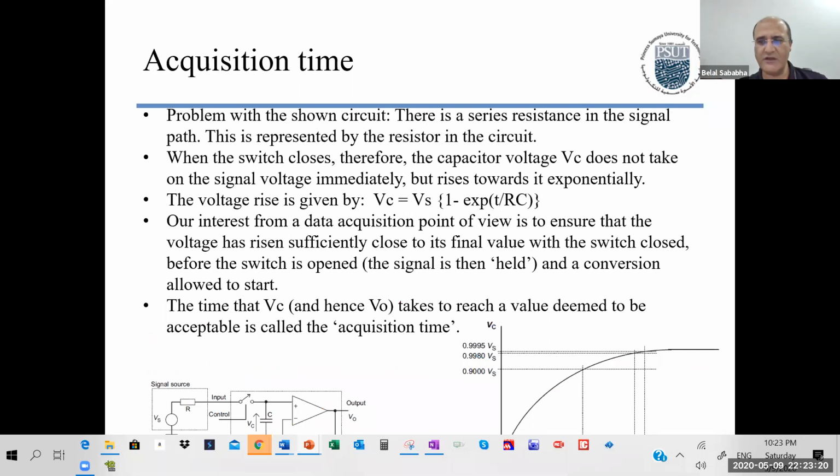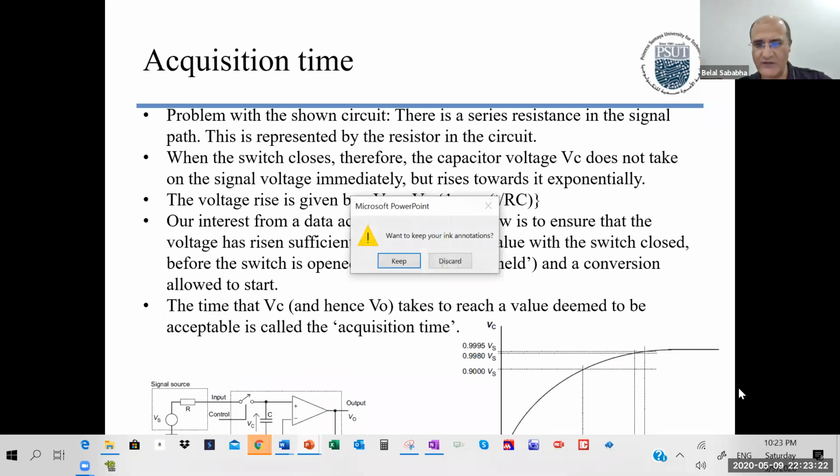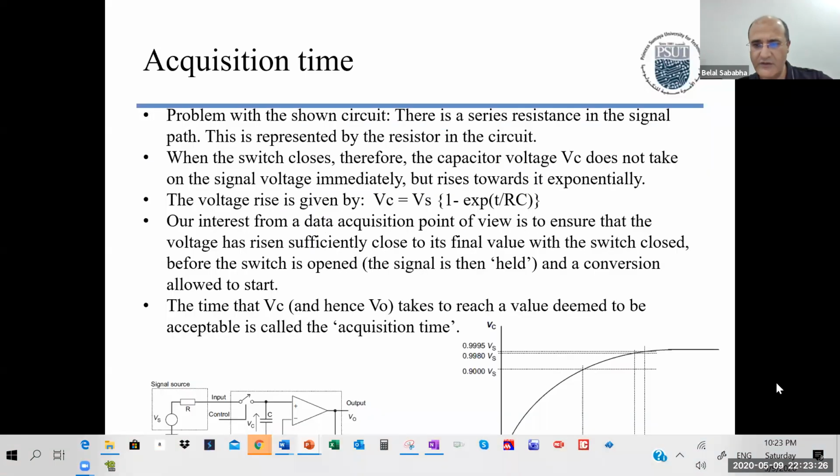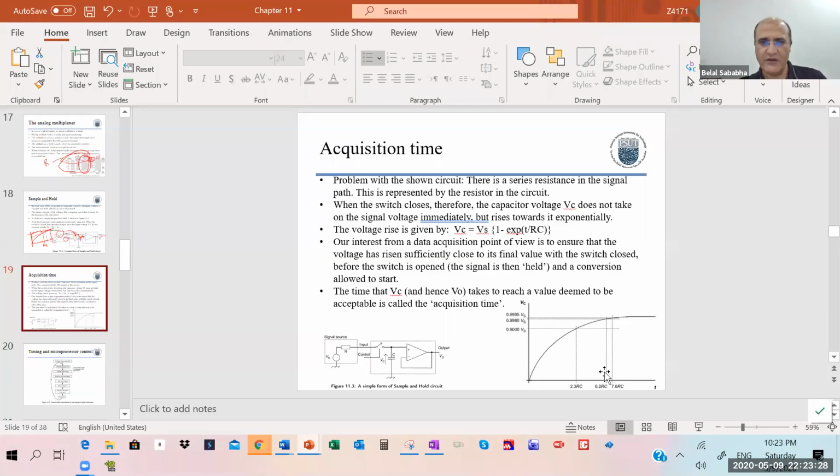And this is what I can't see here, the taskbar is covering it for me. Okay, I cannot see it, but I'm not going to spend a lot of time here.